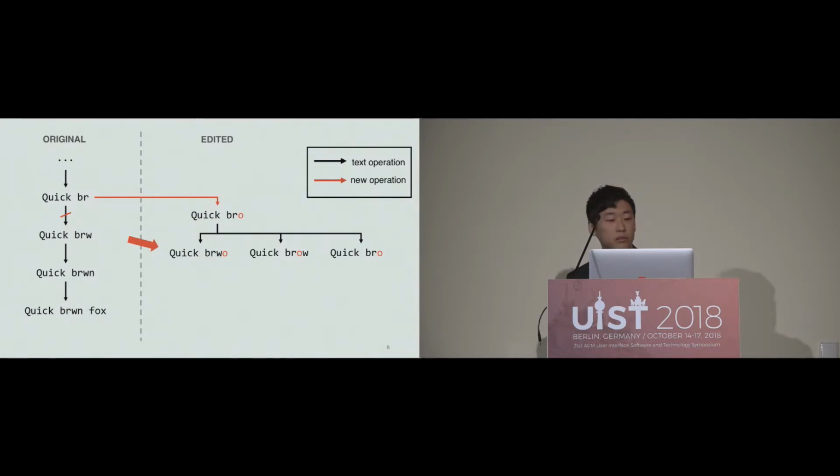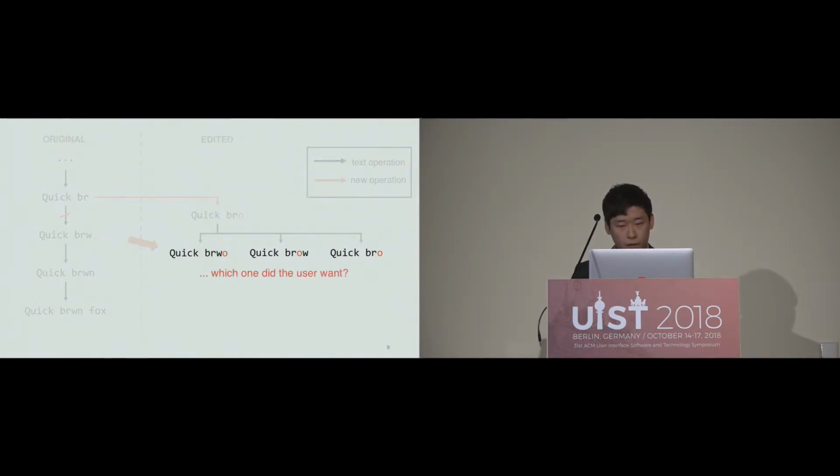Since the insertion of the letter W in the original screencast has the same position as the new insertion of the letter O, there's an ambiguity. So there are three different possibilities for this transformation for the next frame of the screencast. But how do we know which one is the one that the user intended?